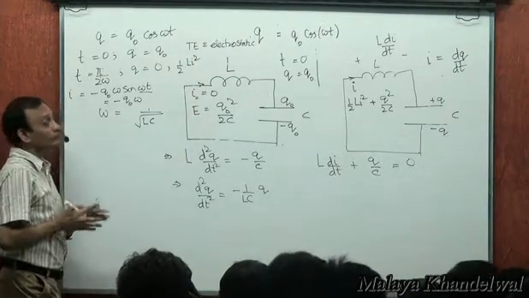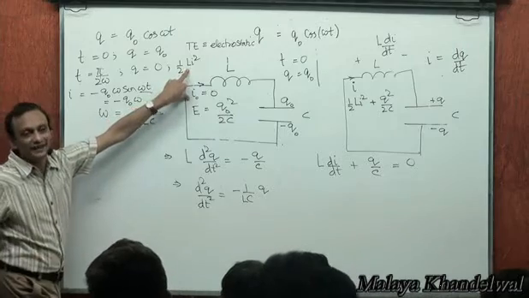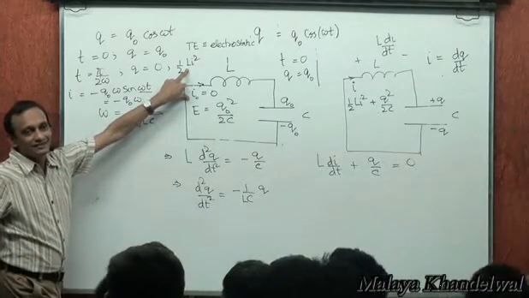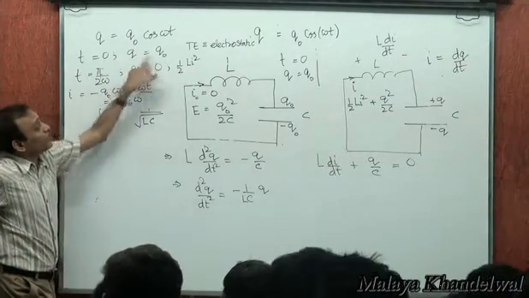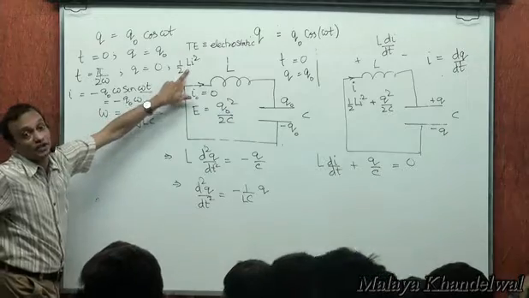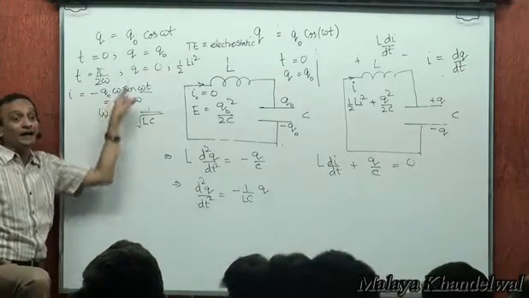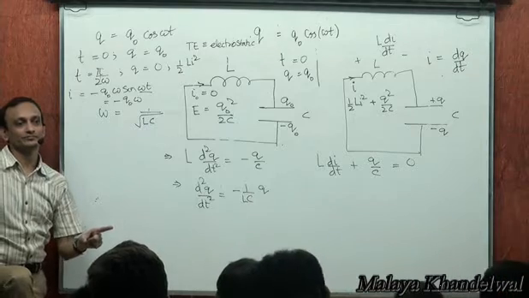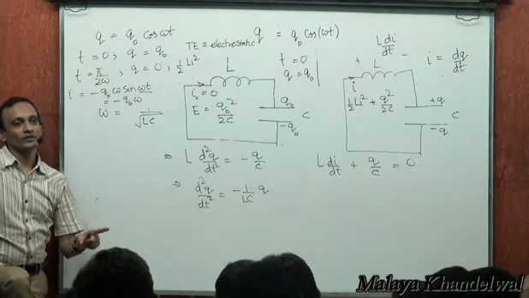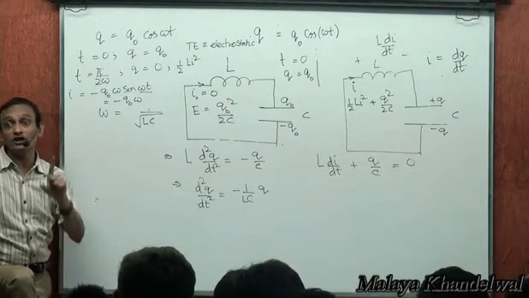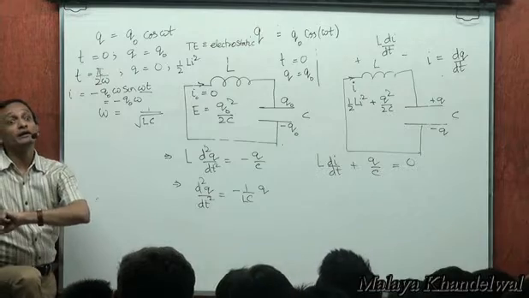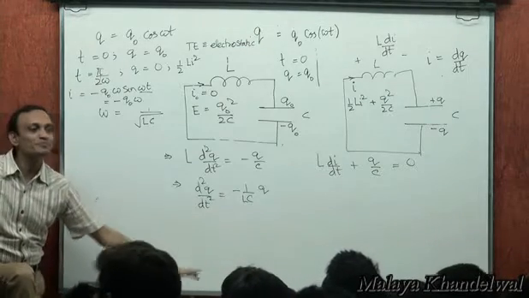Yes or no? That means the energy becomes purely magnetic. This purely electrostatic energy gets converted into purely magnetic in how much time? In a time t equal to pi by 2 omega, there is complete translation from electrostatic energy to magnetic energy.